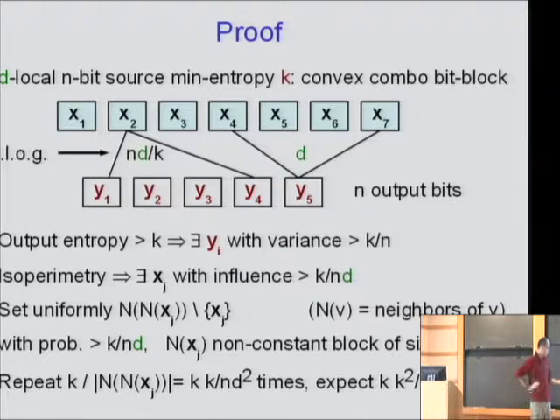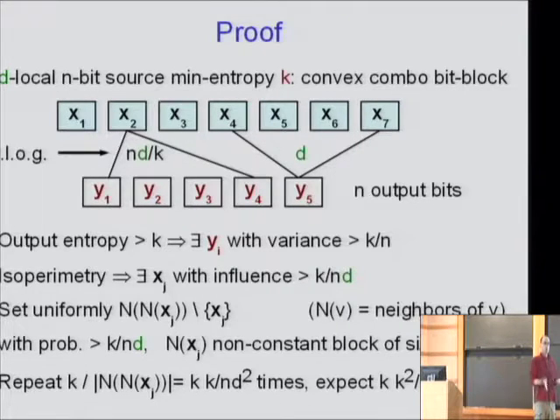When I do this fixing, since this bit xj had influence with probability at least k over nd, the neighborhood of this xj is not fixed. It's non-constant, and what's not fixed is this bit yi here. So I got my block.